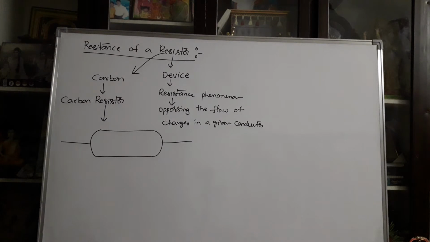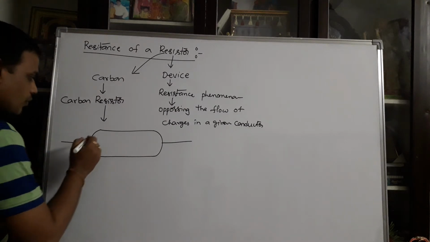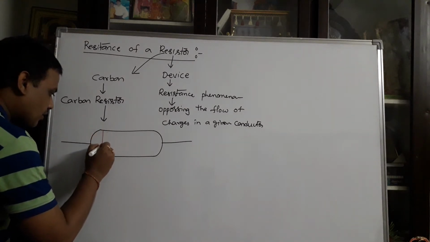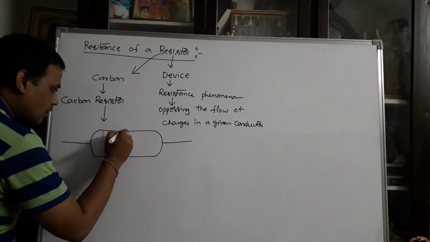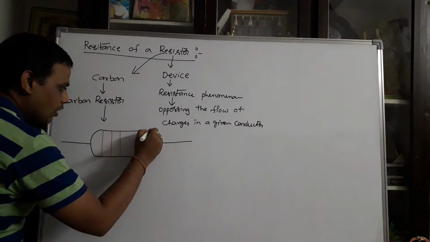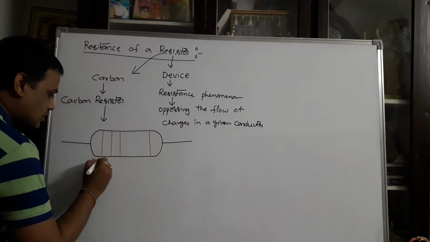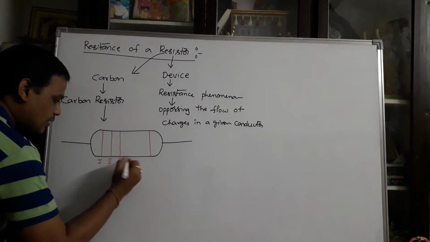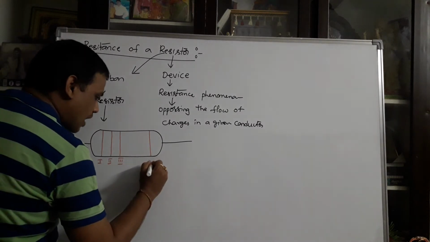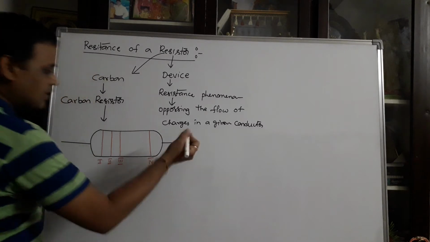On that resistor there are four color bands: first band, second band, third band and fourth band. The first three bands are side by side and the fourth band is at the end of the resistor.